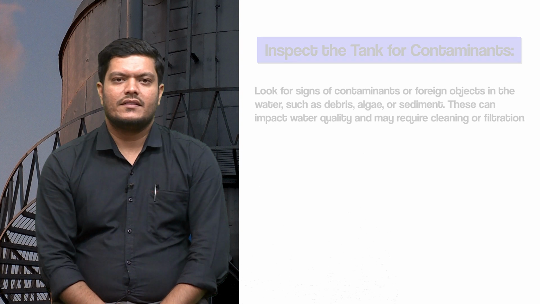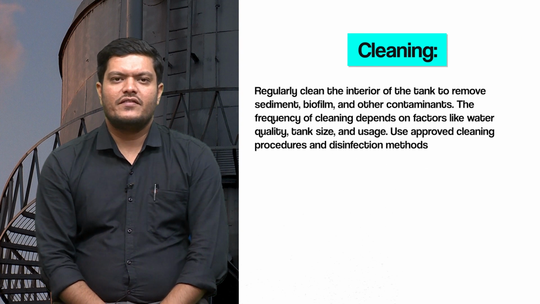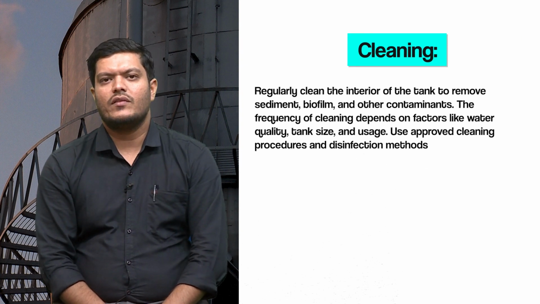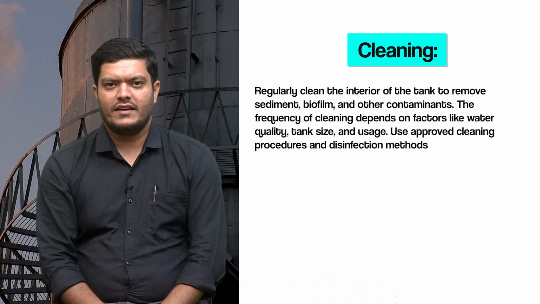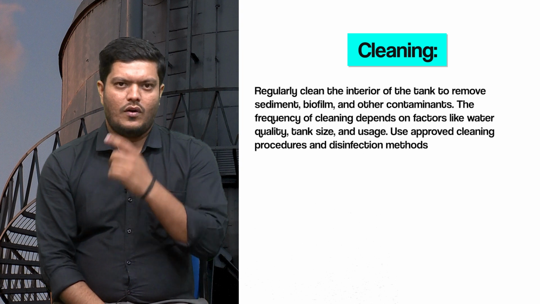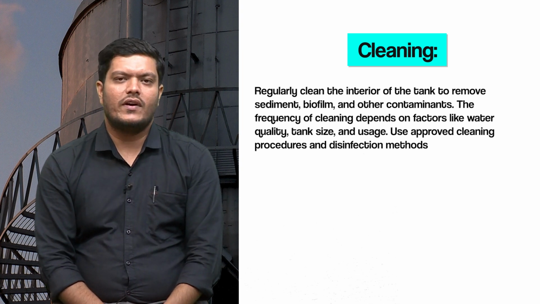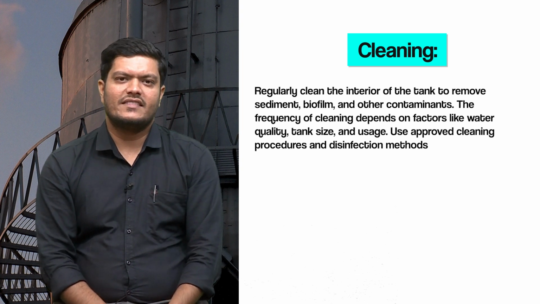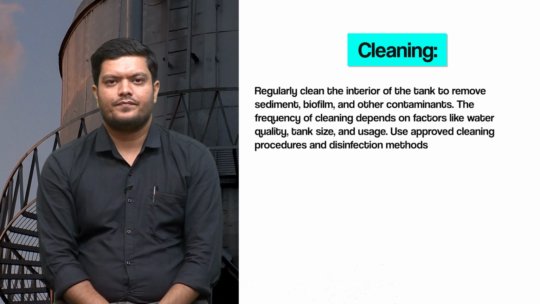Now maintenance. In maintenance, the first point is cleaning. Regularly clean the interior of the tank to remove sediment, biofilm and other contaminants. The frequency of cleaning depends on factors like water quality, tank size and usage.